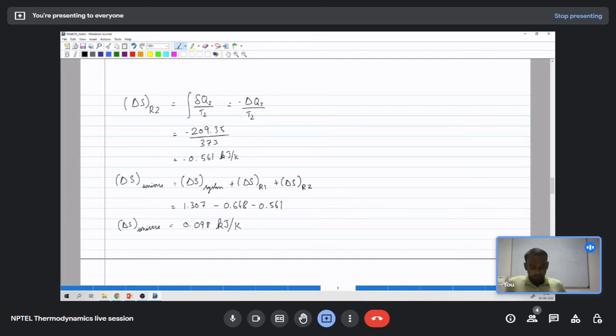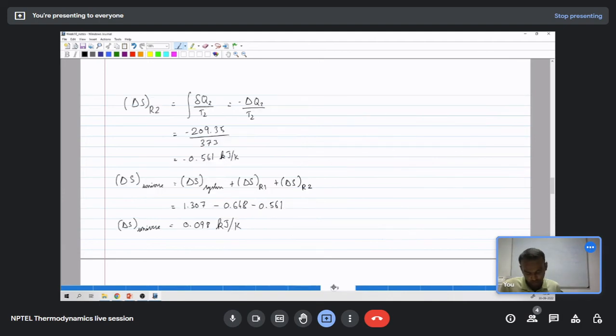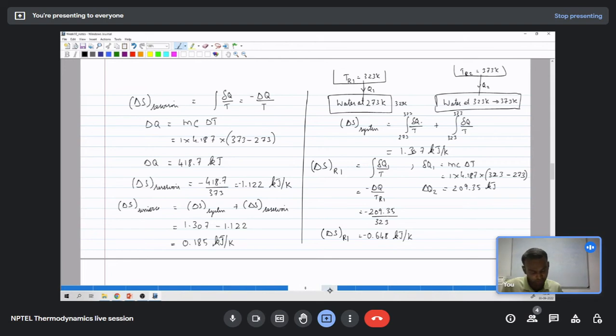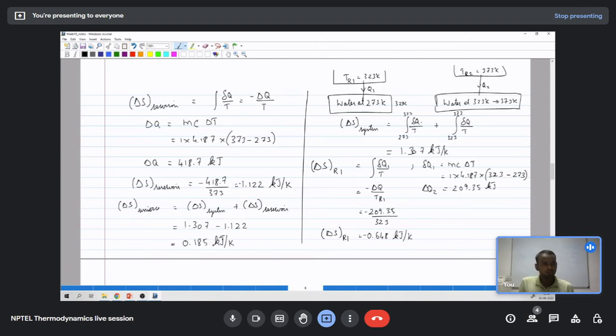Now if we compare this with the initial case where we had only one thermal reservoir at 373 Kelvin, that was 0.185 kilojoule per Kelvin, and now it has become 0.098. So it has almost become half of it. That means when we have more and more thermal reservoirs at different intermediate temperatures and we transfer the heat and heat up the water system, we will have lower entropy generation.